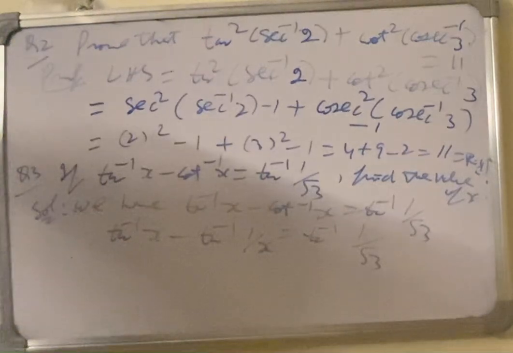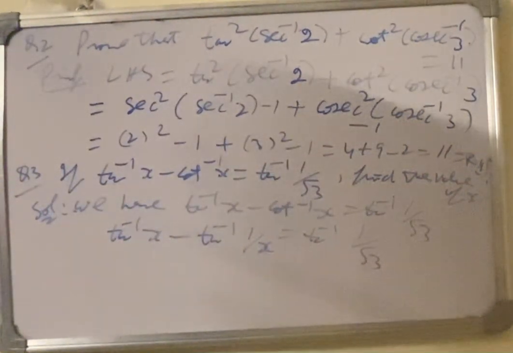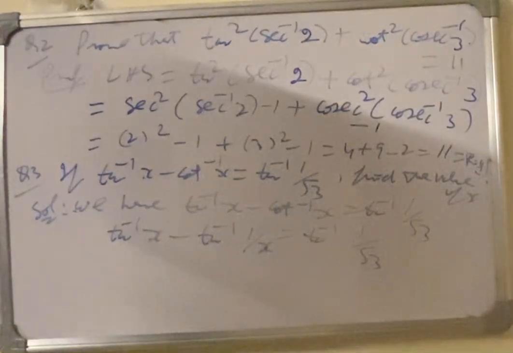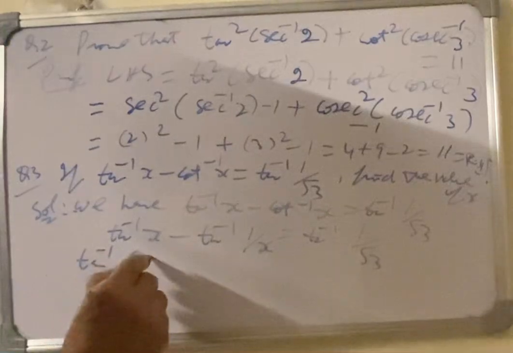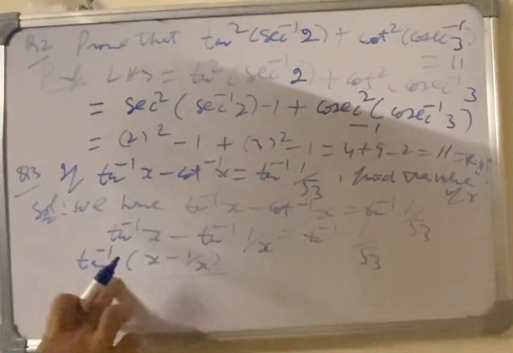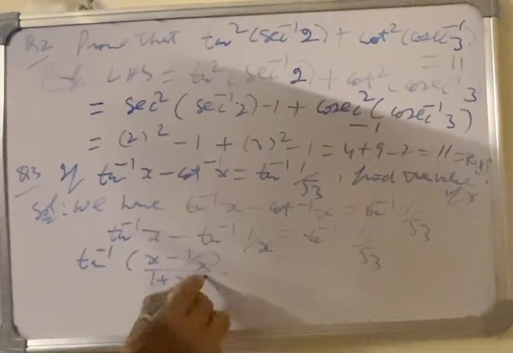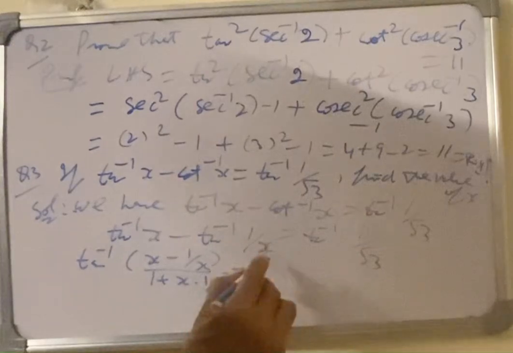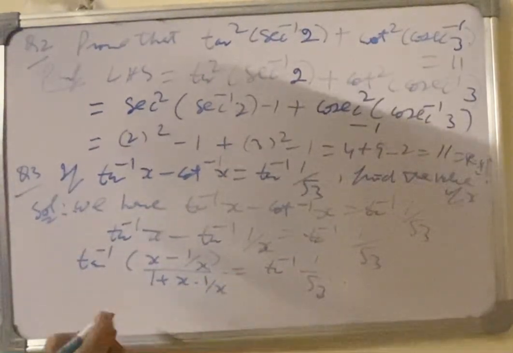Tan inverse A minus tan inverse B is tan inverse of A minus B over 1 plus AB. Tan inverse of x minus 1 over x over 1 plus x into 1 over x is equal to tan inverse 1 over square root 3.